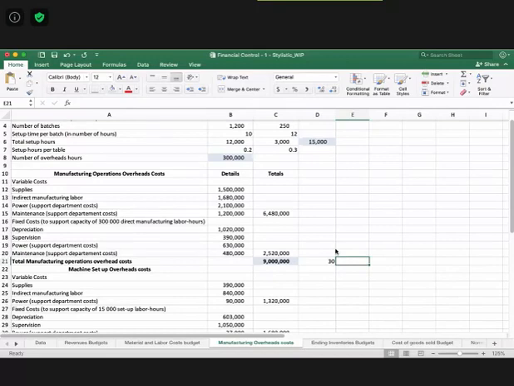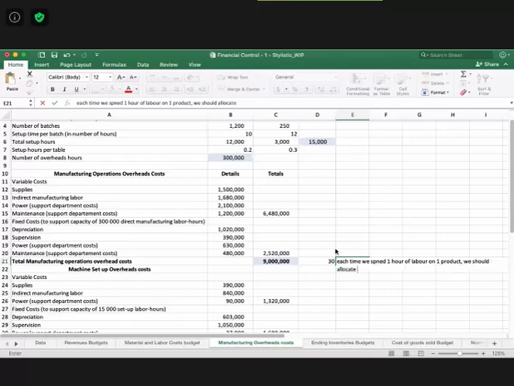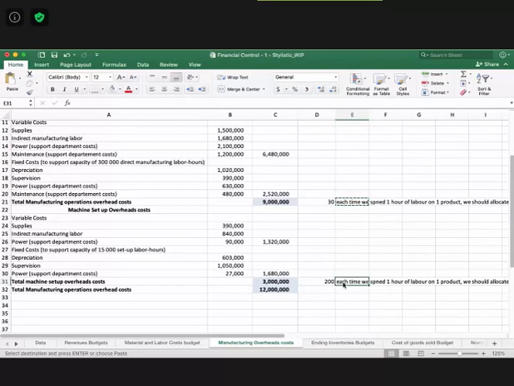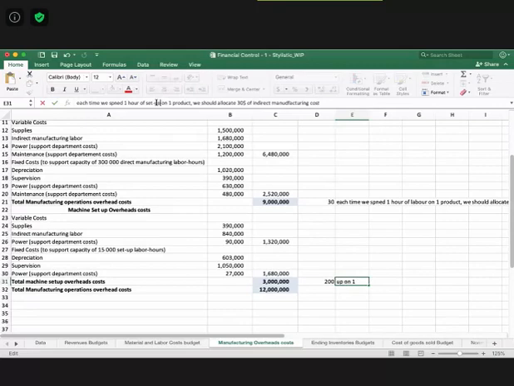So each time we spend 1 hour of labor on one product, we should allocate $30 of indirect manufacturing costs, okay? And each time we spend 1 hour of setup, we should allocate $200 to the product.